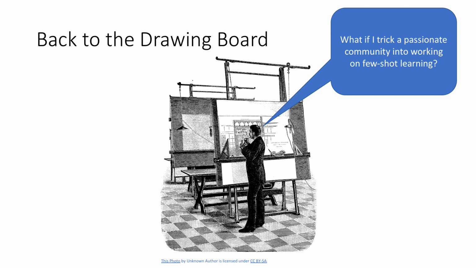So I went back to the drawing board and hatched a scheme. The idea I schemed was to take an existing community that is passionate and cause them to work on few-shot learning even if it's not their primary concern. And the key to this plan is that few-shot learning is not some niche problem. It's fundamental to learning. Visual concepts are observed with different frequencies, and some things simply are rarely seen.